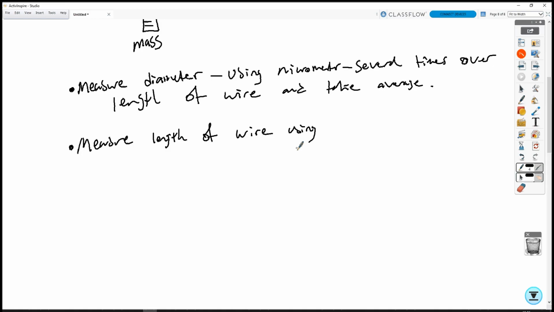If your wire is very, very long, then you have to use something else like a tape measure. Or you could also use a vernier scale if you're measuring extension. So measure length of wire using meter rule or tape measure.